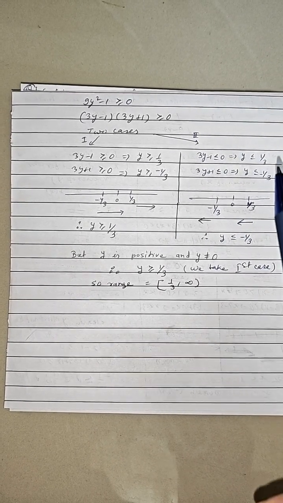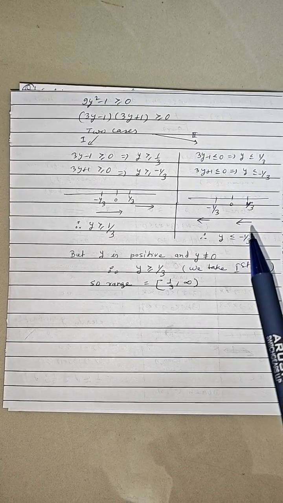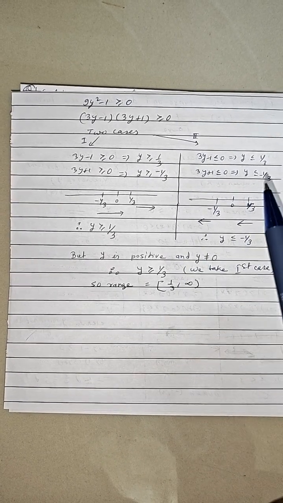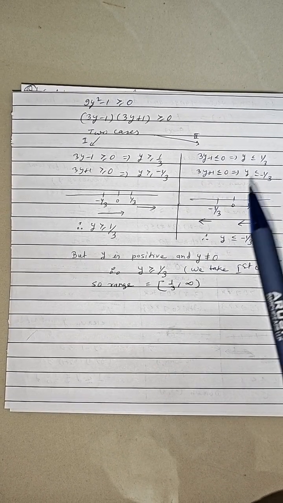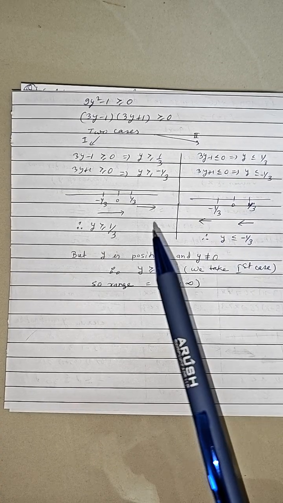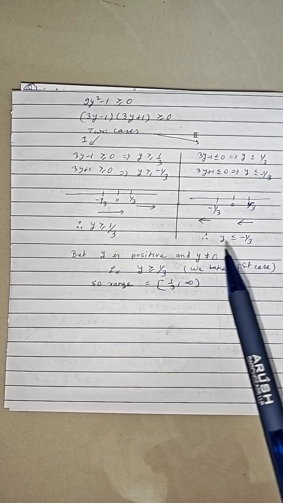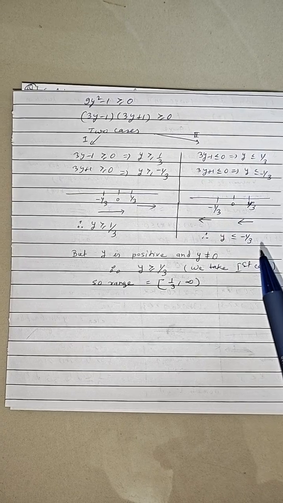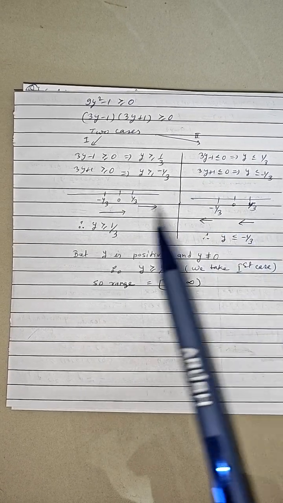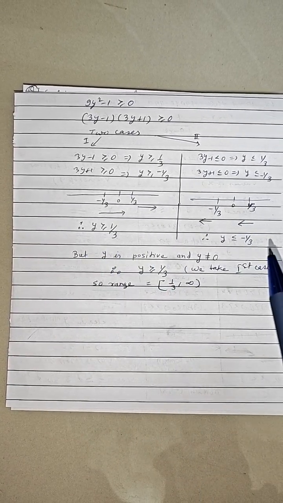What is the common? y is less than or equal to minus 1 upon 3. But we have to choose between this and this.